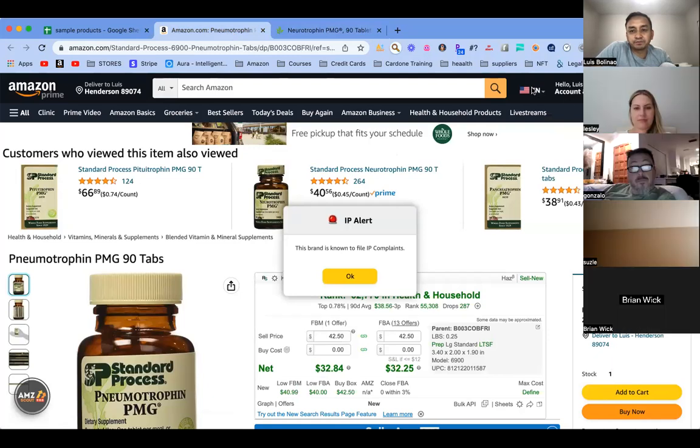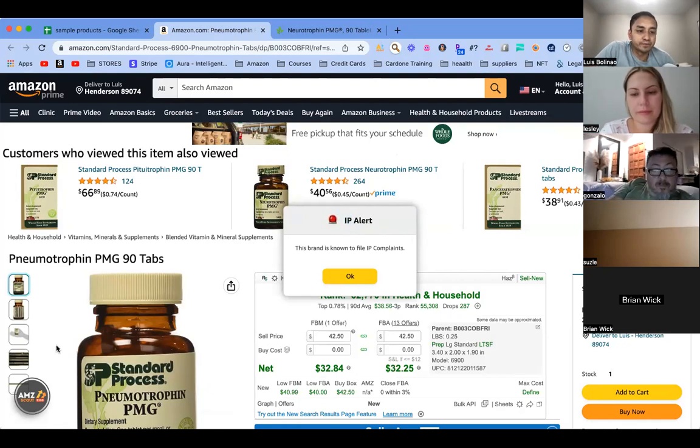You guys see it? I don't even know what IP means. So intellectual property, like copyright. Brands don't want you to be selling their brands. So basically, these are products that you should be staying away from. Is that a plugin that you have built in? Yeah, IP alert. Okay, that's what it's called, IP alert.